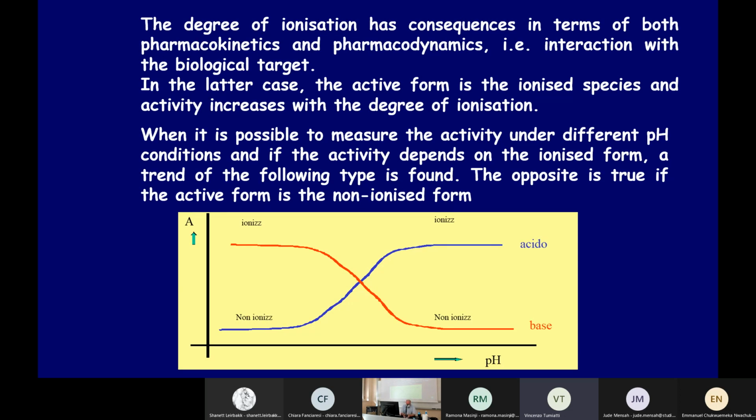So we have described that it's important for the unionized form to cross the membrane, yes. The drug can be absorbed, yes. But we need the charged form for the target interaction.